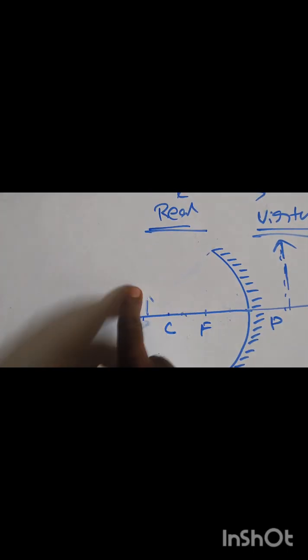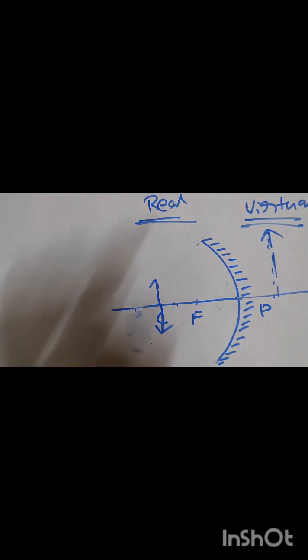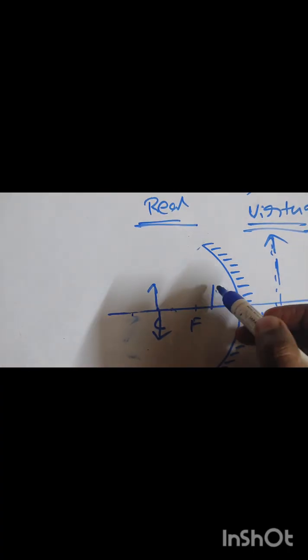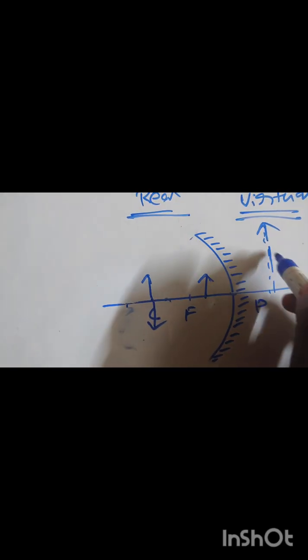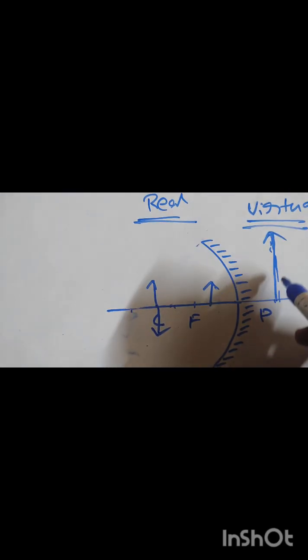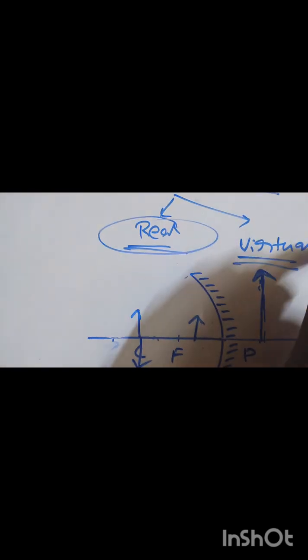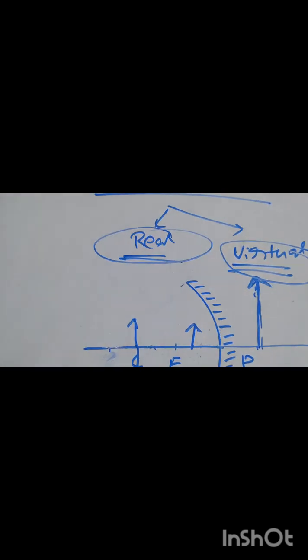If the object is at C, the concave mirror will produce a real image at C. But if the object is between focus and pole, then the concave mirror will produce a virtual image behind the mirror. That means statement 1 is true: a concave mirror will produce both real and virtual images.